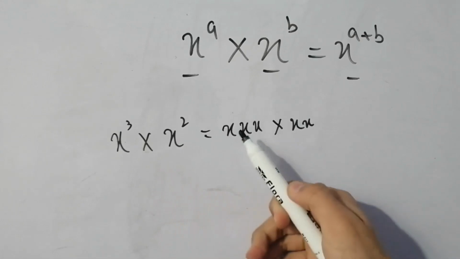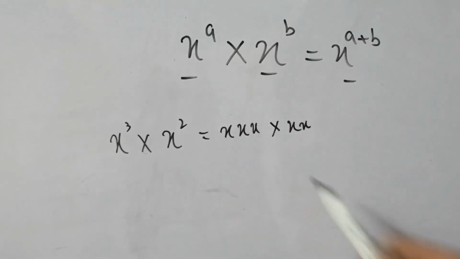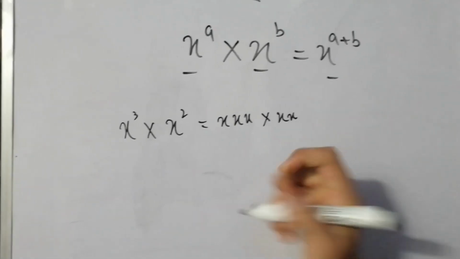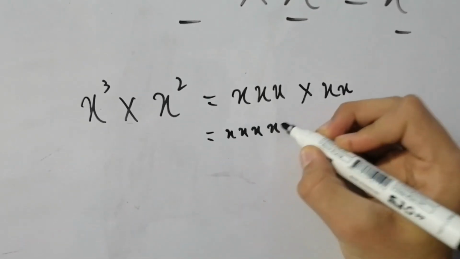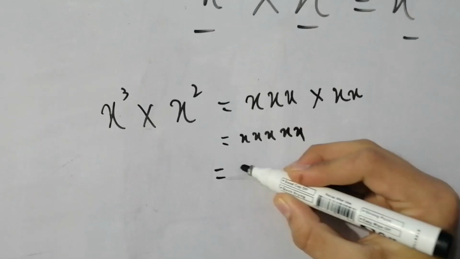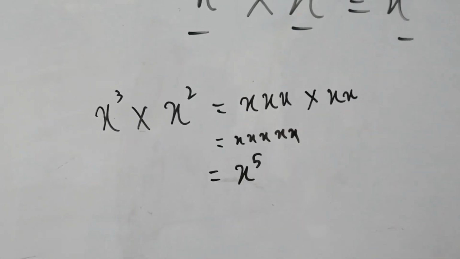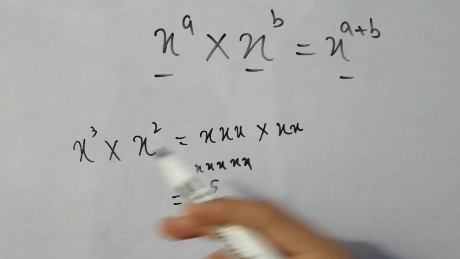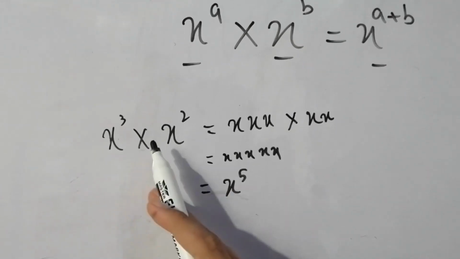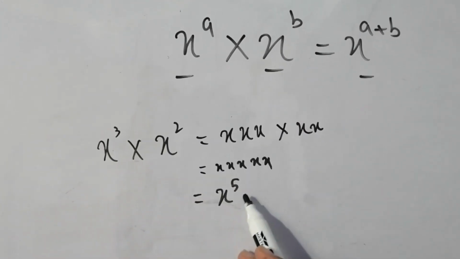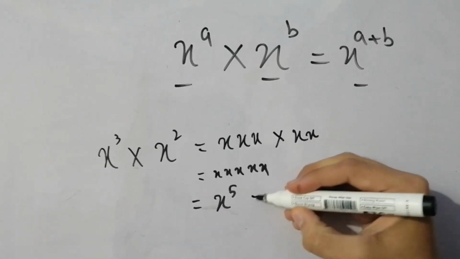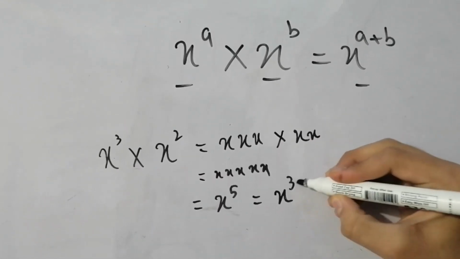So when we multiply these two, we get 5 x's being multiplied by one another, which means it's x power 5. So instead of doing all these steps, I can simply state that x power 3 into x power 2 is x power 3 plus 2, which makes x power 5.